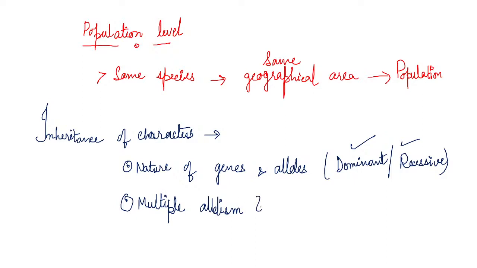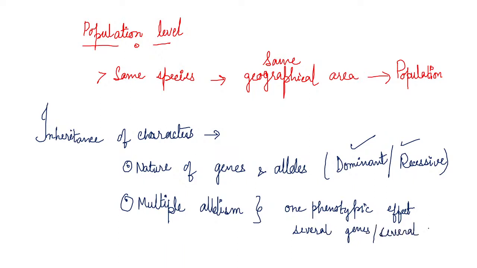In multiple allelism, one phenotypic effect is affected by several genes or several alleles, and we get lots of phenotypes. So that is known as multiple alleles.